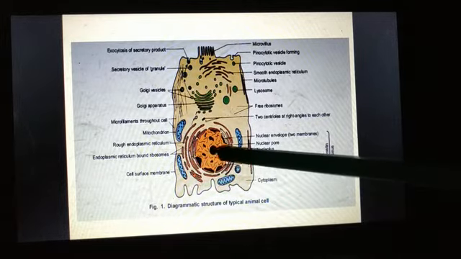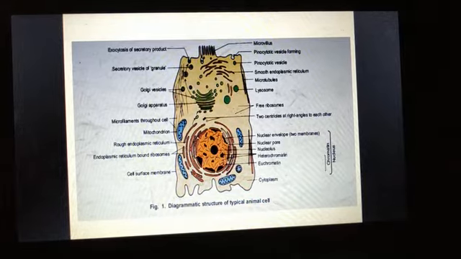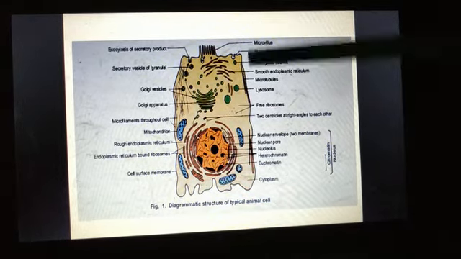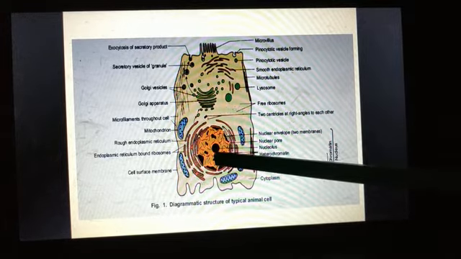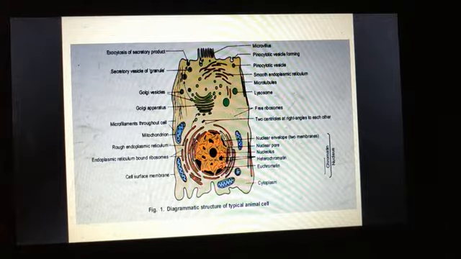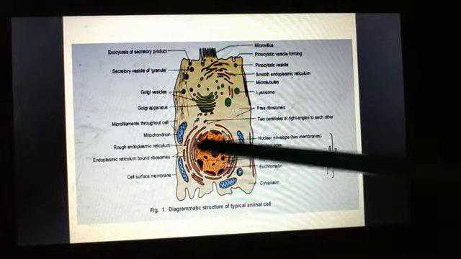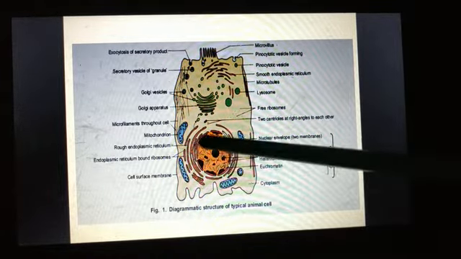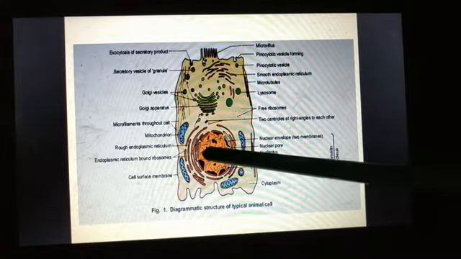Inside this they have the nucleolus. This nucleolus will help in synthesizing ribosomes. Inside this we have certain thread-like structures called chromatin.